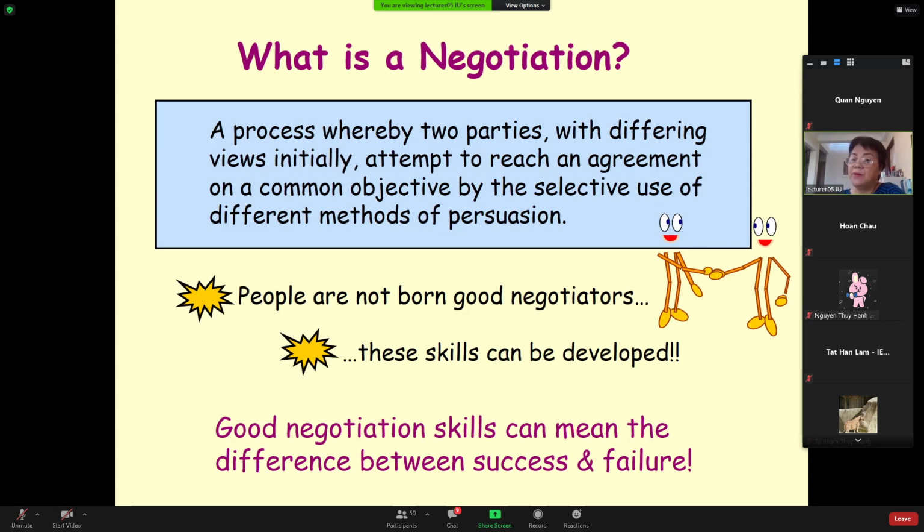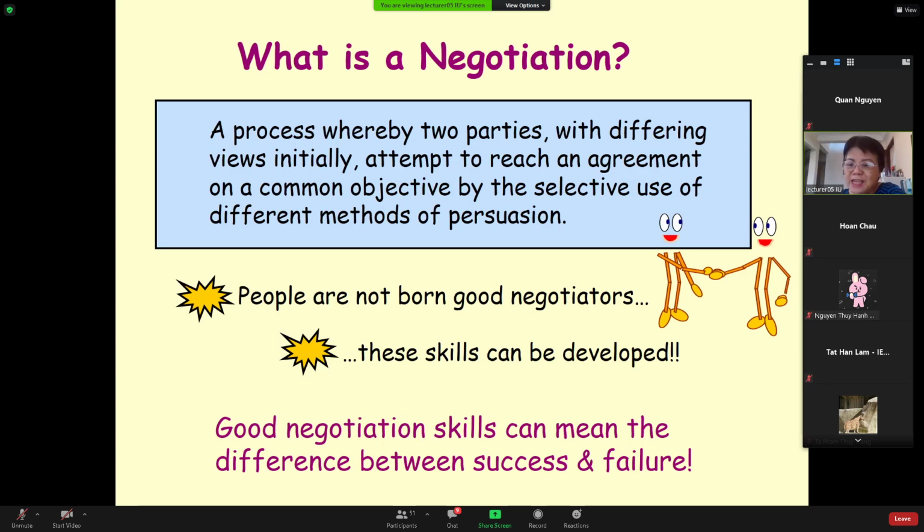Negotiation is a skill that can be learned and can be developed. Good negotiation skill can mean the difference between success and failure. Believe me, if you learn and you are a good negotiator, you will be very successful in your life.